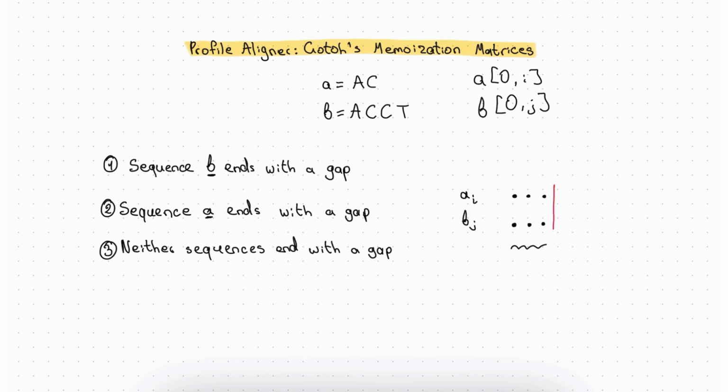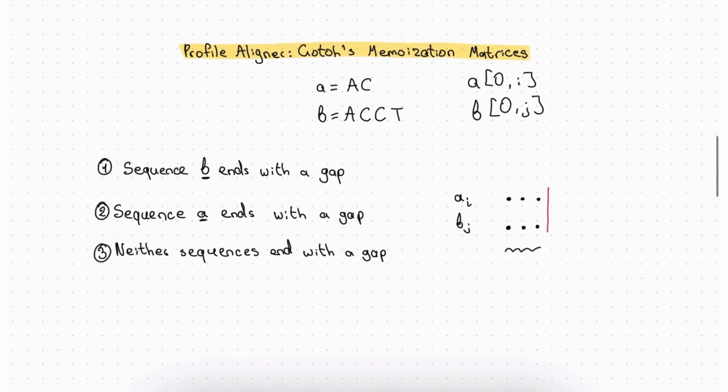So, the first thing that can happen is that sequence B can end with a gap, while there is a nucleotide in sequence A. The second thing that can happen is that A ends with a gap, and we have a nucleotide in B. Lastly, it can happen that neither of the sequences end with a gap, so we have two nucleotides aligned at the ith and jth position.